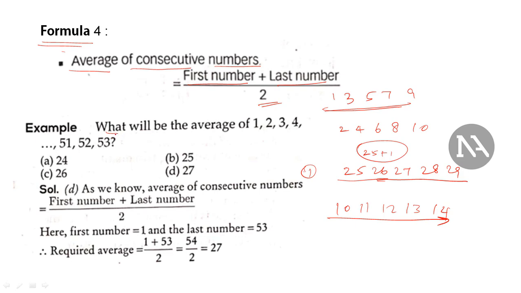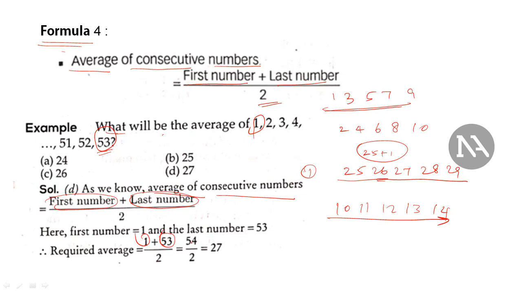So the example: what will be the average of 1, 2, 3, 4, 5 till 53? All the numbers are consecutive numbers. According to the formula, to find the average of consecutive numbers, first number plus last number divided by 2. Here the first number is 1, last number is 53.